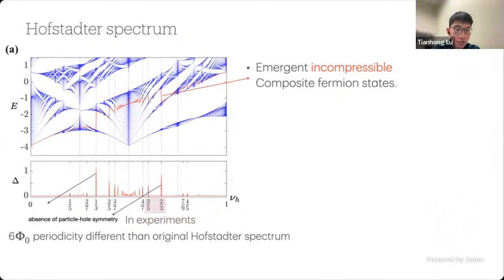I'm only showing part of the spectrum. The whole spectrum has a periodicity of 6 flux quanta, which is different from the original Hofstadter spectrum on a square lattice. By looking at the jump of the Fermi surface or the sharp peak in the composite fermion gap, we can find emergent incompressible composite fermion states.